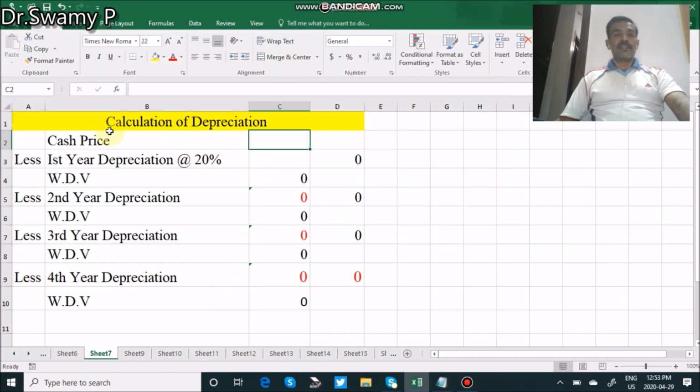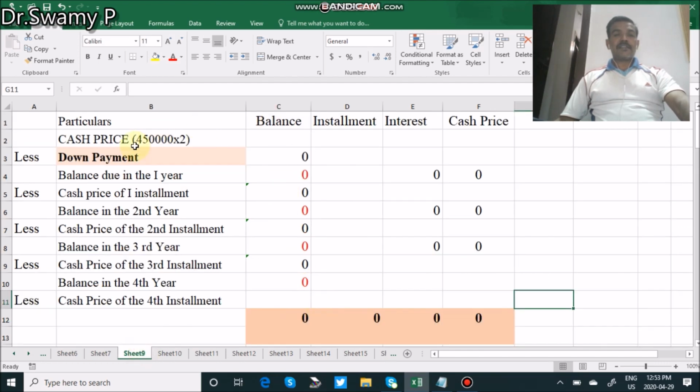This is the Excel sheet calculations I have shown in the sheet, blank sheet made. Cash price is to be recorded here, and first year depreciation, and we get the WDV, second year depreciation, like that it continues up to the lifespan of the asset. In the present case, cash price of the asset is given and the down payment is also given.